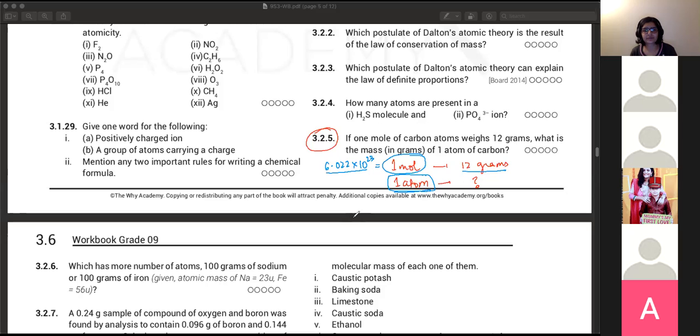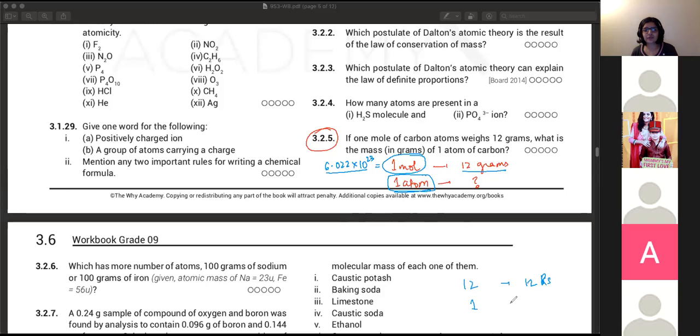So we multiply 12 to... No. See, it's like you used to do unitary method problems in childhood. Problems like, if the cost of 12 oranges is 12 rupees, what will be the cost of 1 orange? So we're going to divide. Exactly. So instead of 12, you've got these many atoms whose mass is 12 grams.